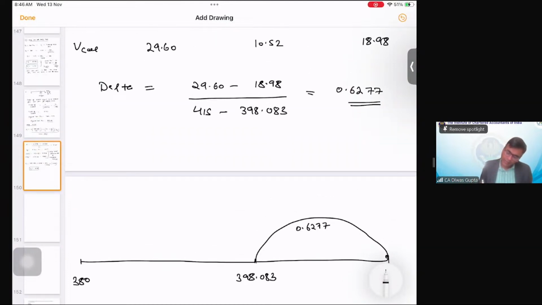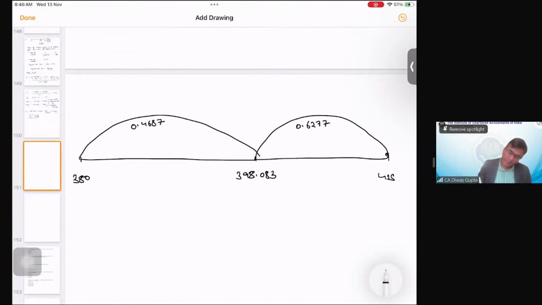And from 380 to 398, in a similar way, the delta comes out to be 0.4687. What I'm trying to say is this spot price reflects at the money approximately, because 400 is the strike price, so 398 is approximately equivalent to it.